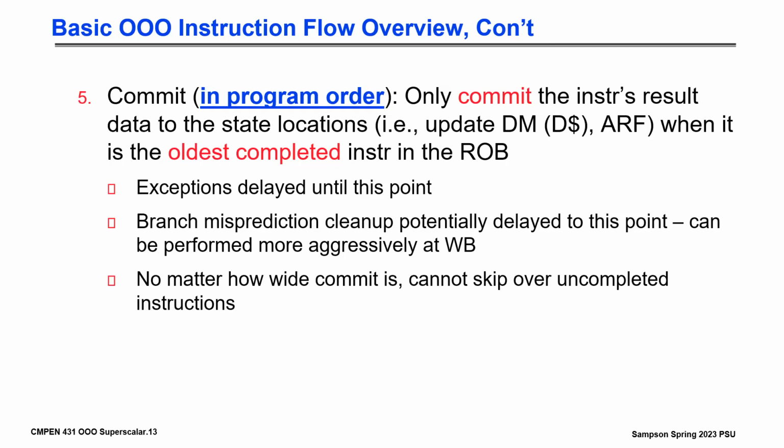Okay. Now again, no matter how wide commit is, I can't skip over incomplete instructions, right? So if I've got a 4-wide commit, right? Let's say it's just a sequence of adds, so nothing fancy, nothing's going to cause any exceptions, and I've got my completed bit. Next one's incomplete. Next 2 are completed. Right?